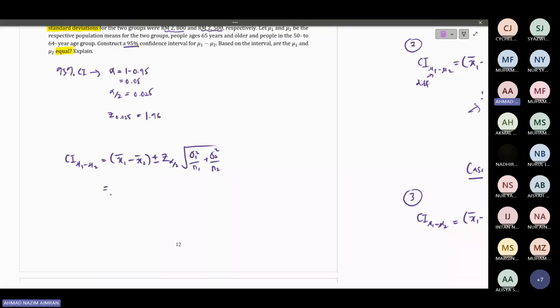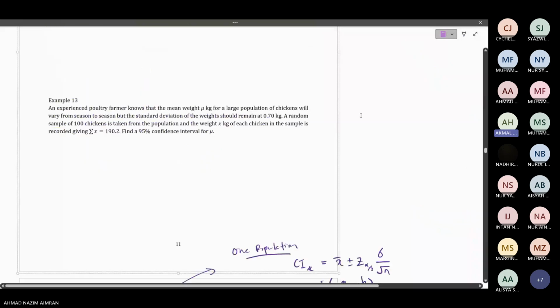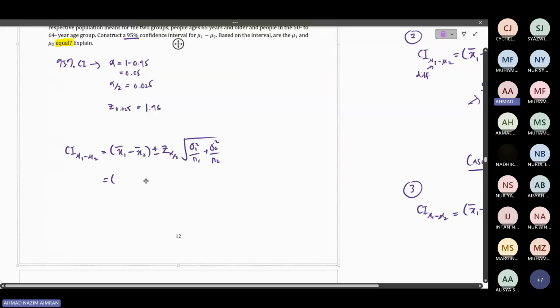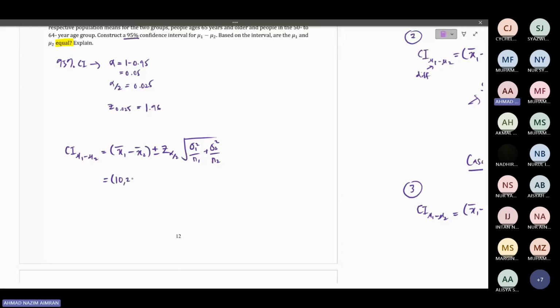And what is the value again? X bar 1 is 10235, minus 9342, plus minus 1.96.